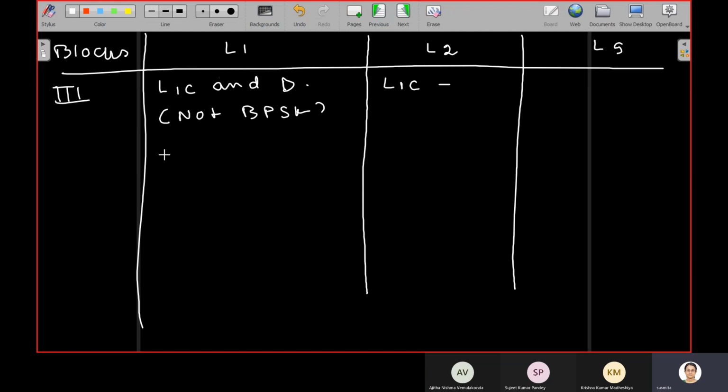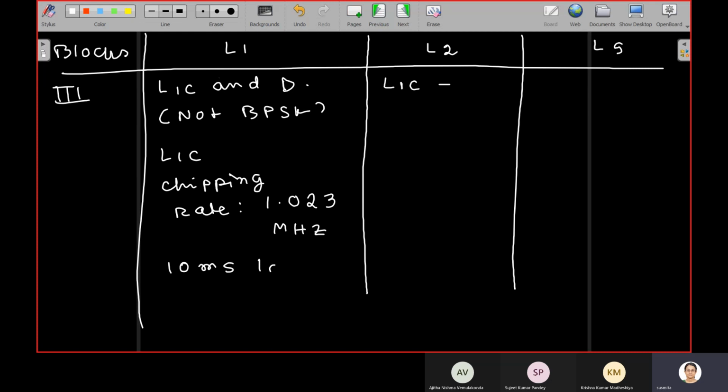I'll also write the L1C chipping rate. Chipping rate is the same as CA code, and the code length is ten milliseconds. For this also, the same L1C.